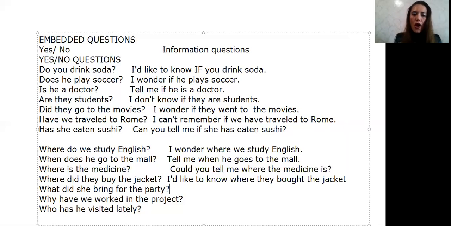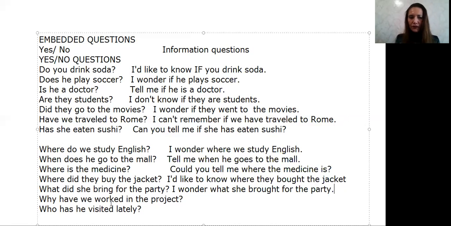And then what did she bring for the party, okay? I wonder what she, again, did is eliminated, and then the past tense of bring, which in this case will be brought, for the party, and then a period.